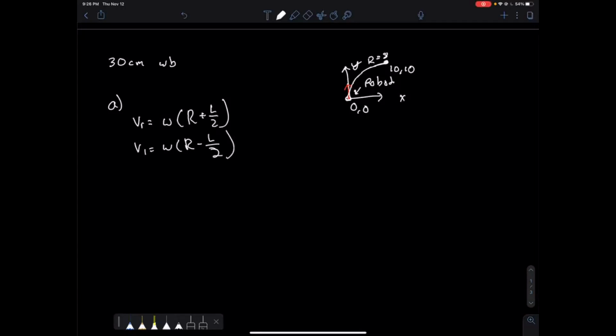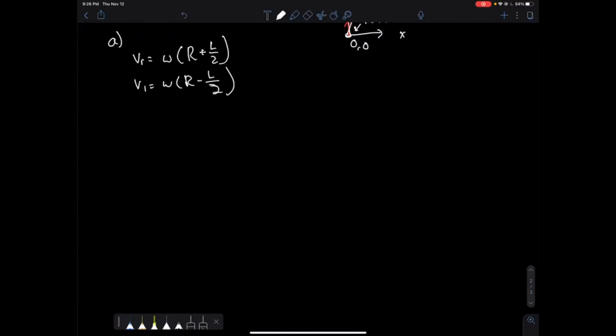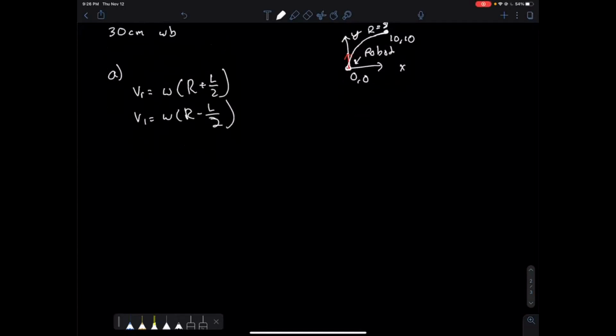So what we first need to do is use the law of cosines to find omega. If you remember, we're going to start naming these points correctly.